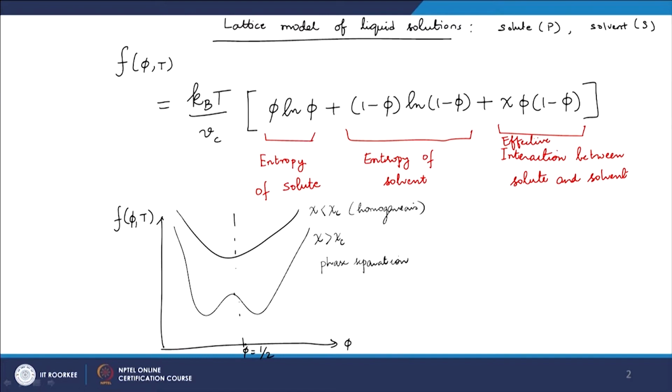Okay. So, the larger value of chi refers to the poor solvent conditions. Larger value of chi means poorer solvent, lower values, particularly negative values, would mean a good solvent that will tend to form a homogeneous solution of solute and solvent.